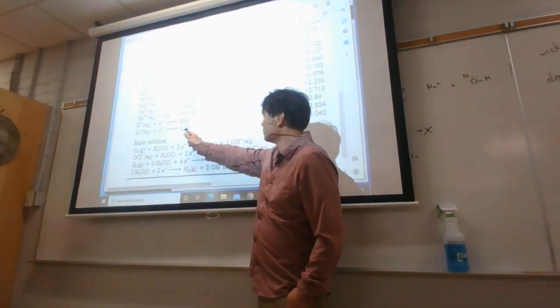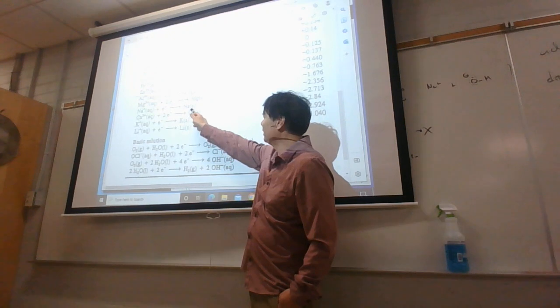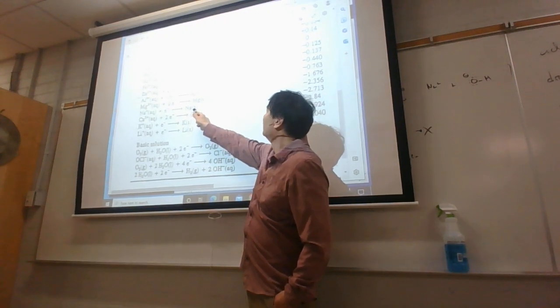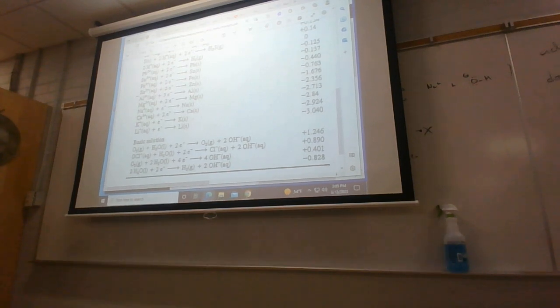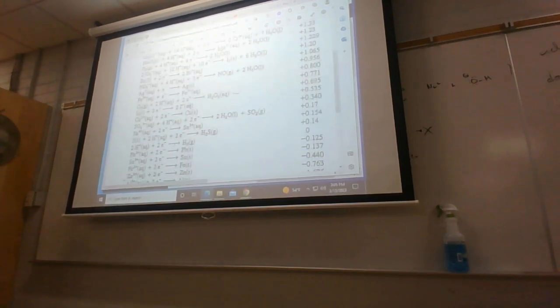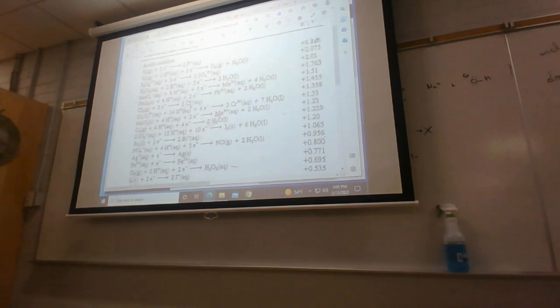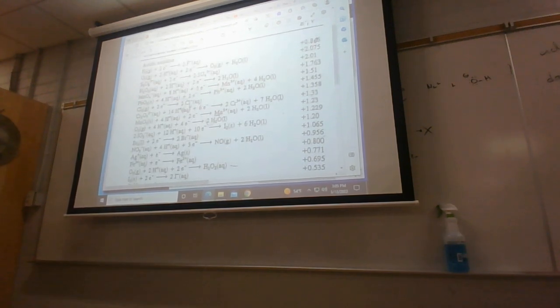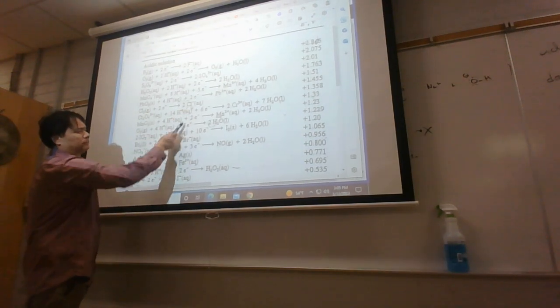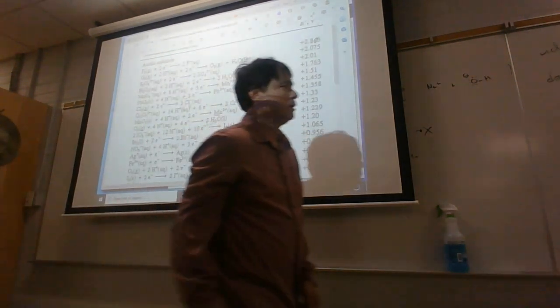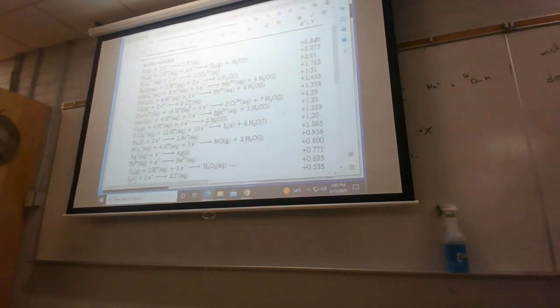Lithium's the strongest reducer, and the first one we hit is sodium. The next one we hit is water here, and then chloride. And so sodium is the strongest reducer.